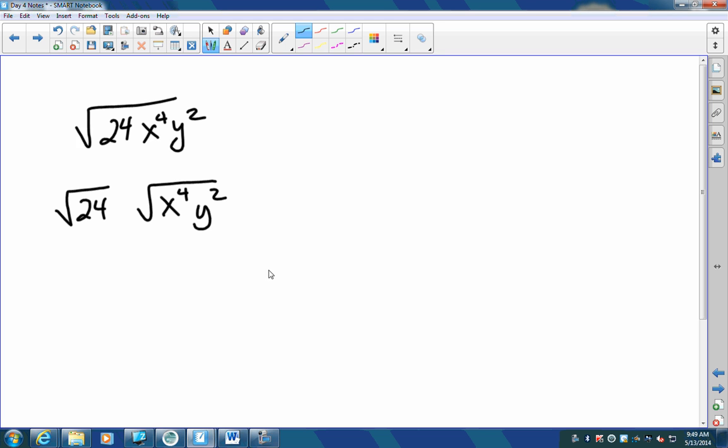The square root of 24 splits up. I know a perfect square: I could do 4 times 6. The square root of 4 is 2, so I have 2 on the outside, and inside I have the square root of 6.